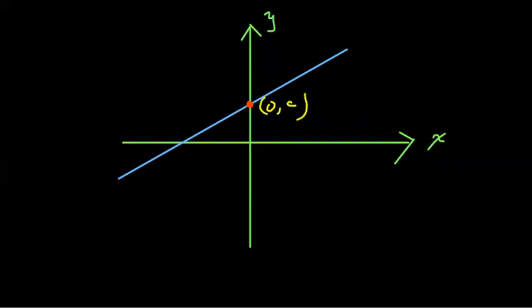Whatever that y value is right there is what c is. So if this line had the equation y is equal to 4x plus 6, c would be 6. And this point then would be (0, 6), because c represents the y value in the y-intercept.